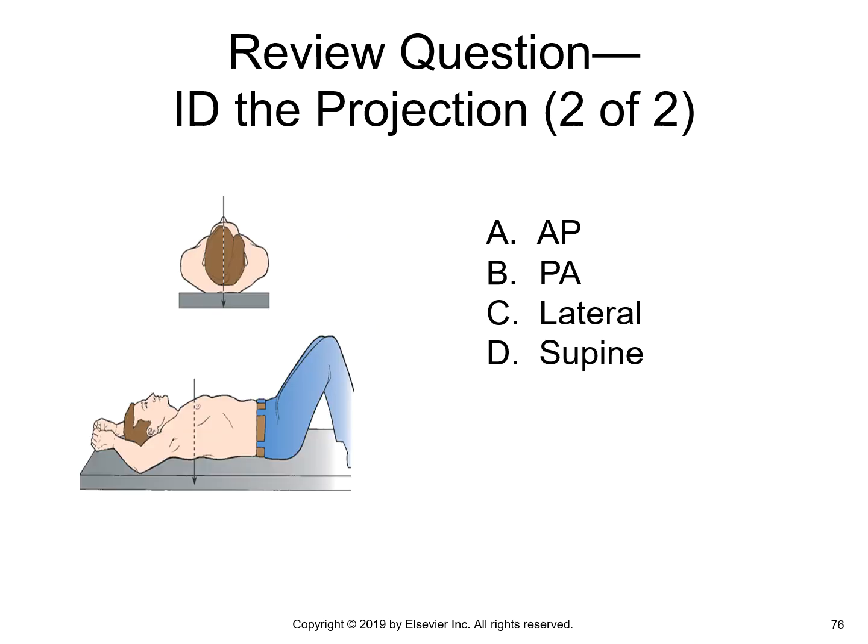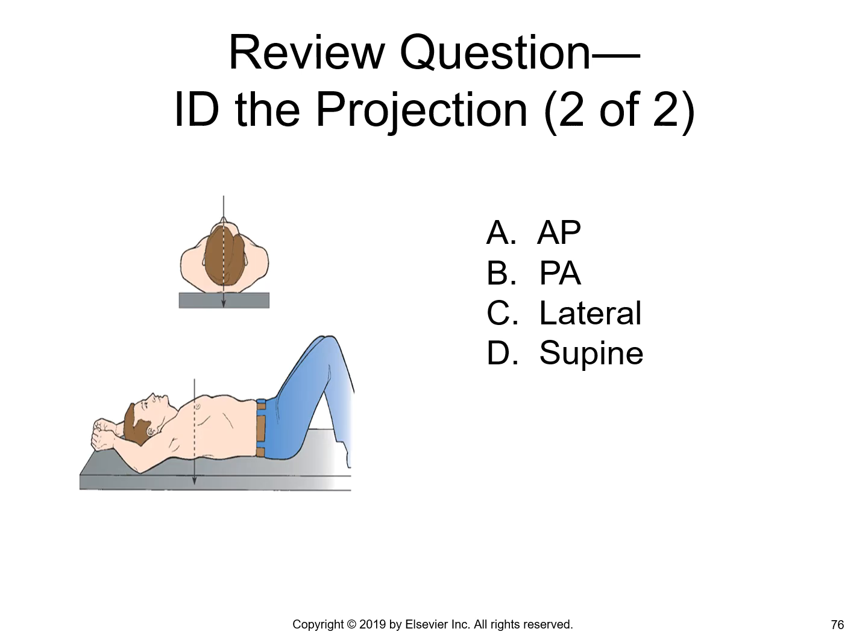All right, let's try again to ID the projection. This is an AP. Now the patient is laying down on their back. That means they're supine in position. But I'm not asking about the position, I'm asking about the projection.